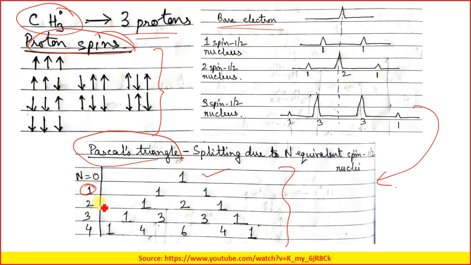If there is one proton or two protons or three protons or four protons, we have tried to find out like this. So accordingly, we can generalize: if I ask you to find out how the splitting will be done if there are 10 protons, you should be able to find out the hyperfine splitting. So you have to apply the Pascal's triangle formula, and you can find out the peak ratios for the hyperfine splitting peaks.